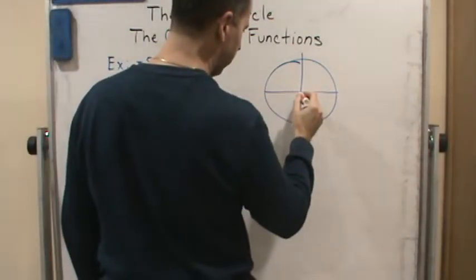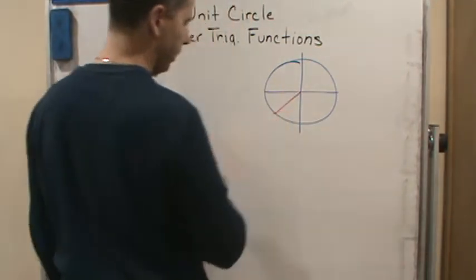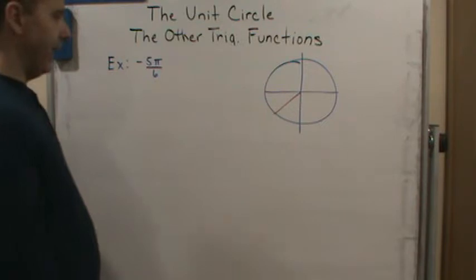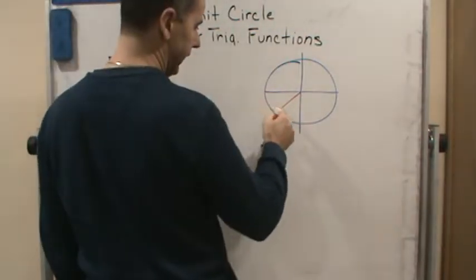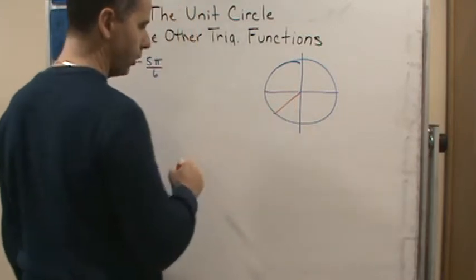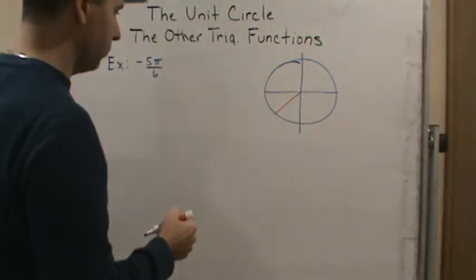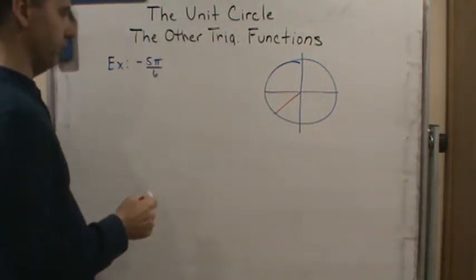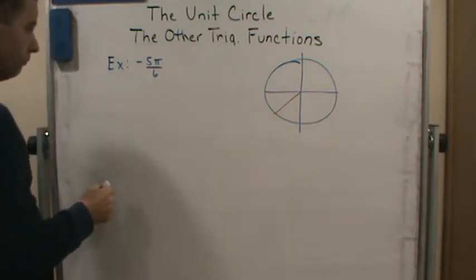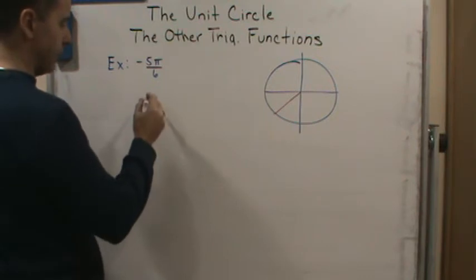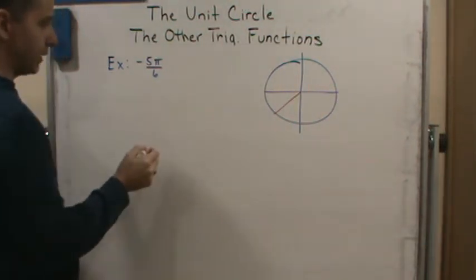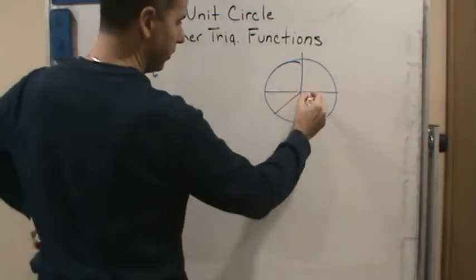Since we know we're in the third quadrant, and we're here, we're less than 180, so we're going to take 180, which is pi, and subtract off this angle.